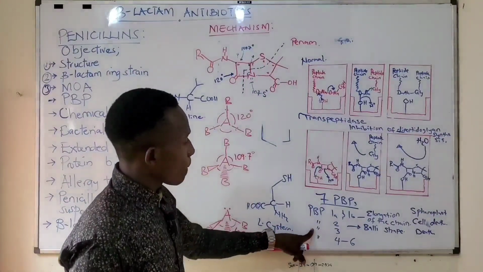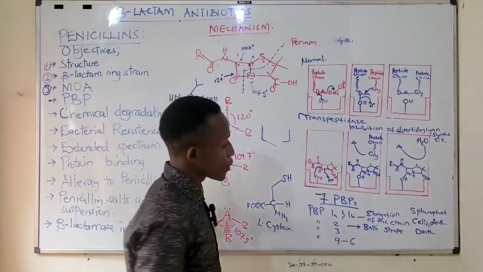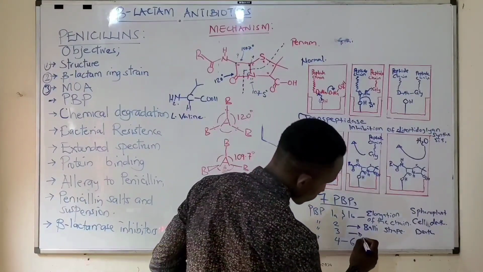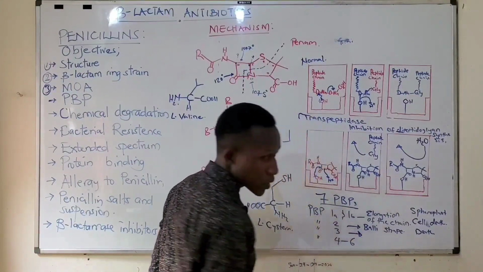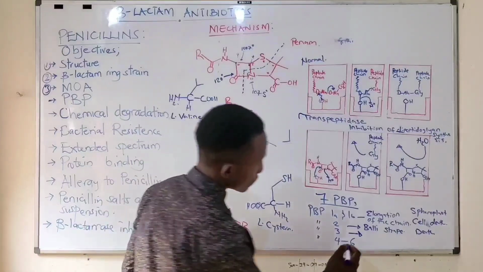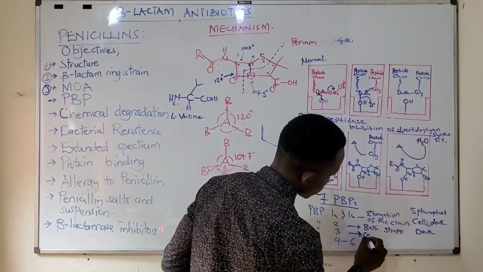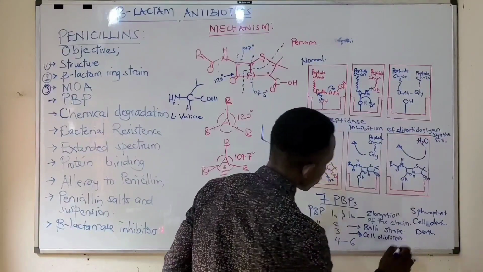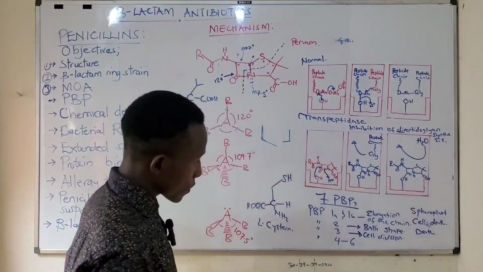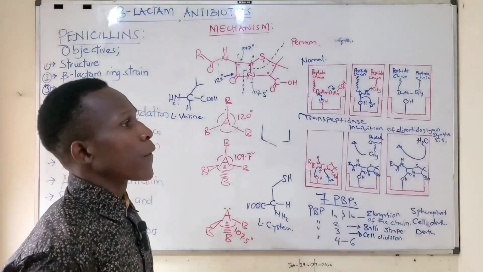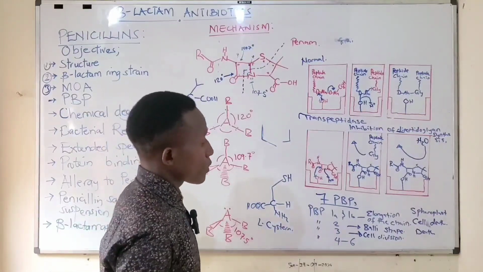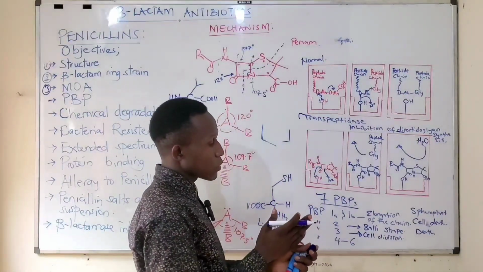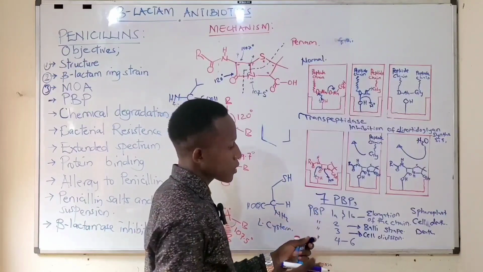Then penicillin binding protein 3 is involved in cell division, for the formation of the septum, which is the cleaving point to make other bacteria.